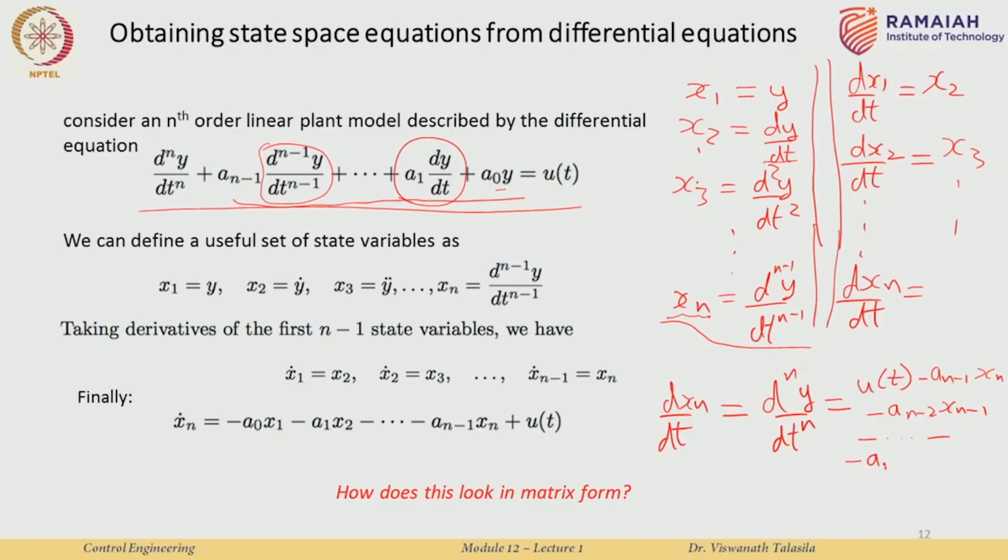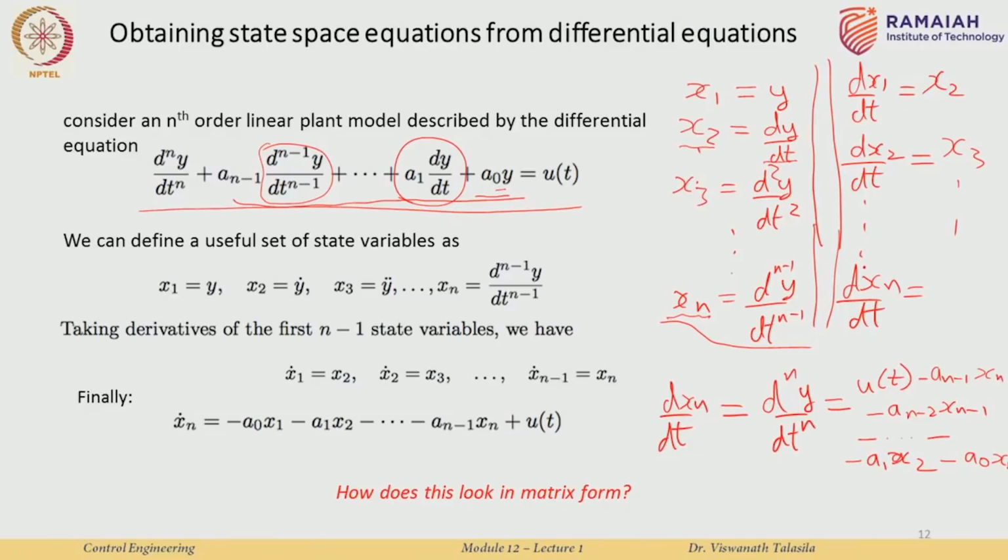So, I get minus a1, and dy/dt is nothing but x2, so minus a1 x2, and then finally this expression a0 y. Taking it to the right hand side, I get minus a0 x1. So, basically what I have done is exactly the same as the mass spring damper, where I have written all the states in terms of the other states.